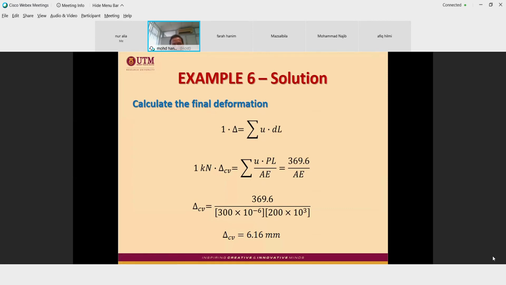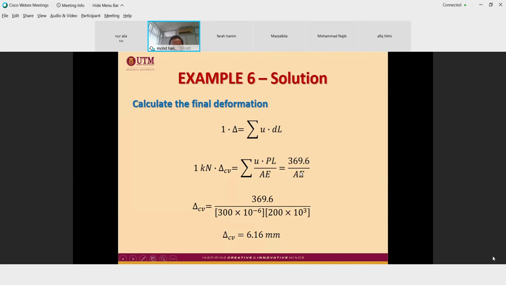1 multiplied by delta equals, this one is external load, and this one is internal work. External work, internal work, UDL. And what is DL? DL is the deformation, elongation, or contraction, and DL is equal to PL over AE.